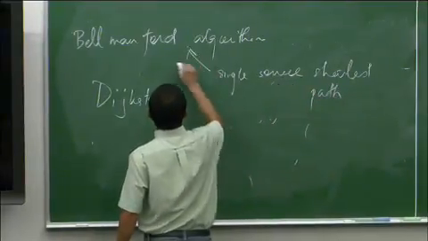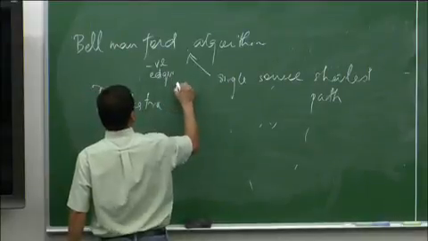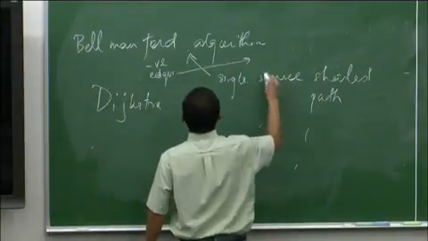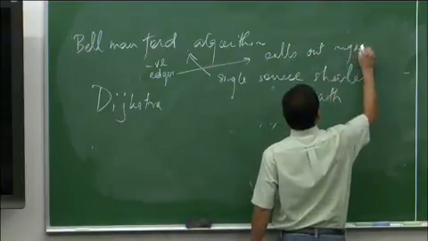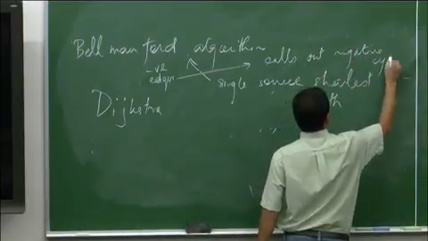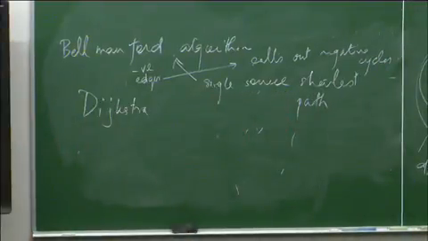But this one allows negative edges and calls out negative cycles. Okay, so, it not only has negative edges, when it runs through the entire algorithm, it will come and tell you that there are no shortest paths because I have found a negative cycle.